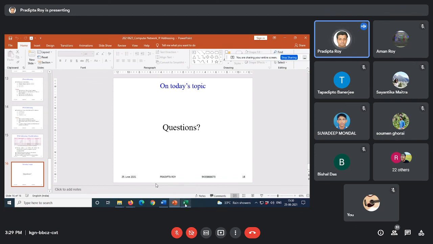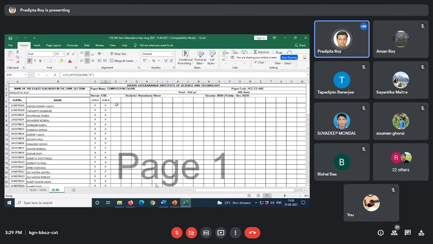Now first give your attendance. Vikas Kumar Jadhav is present. Sapodipto present. Shapnonil Panda absent. Shubhodip present. Supradeep present. Sumedha absent.